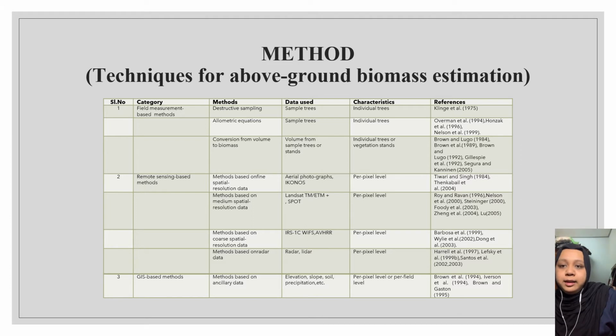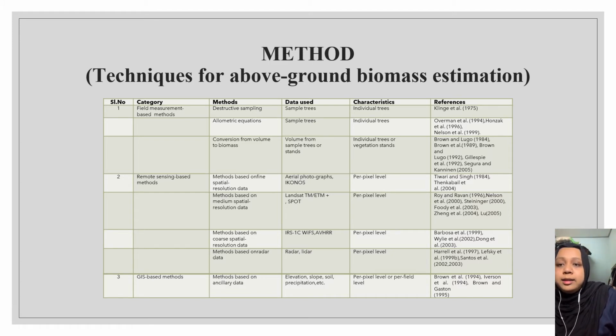The first method is based on fine spatial resolution data. We use aerial photograph and IKONOS data. The second one is method based on medium spatial resolution data, and the data we use is Landsat and SPOT.